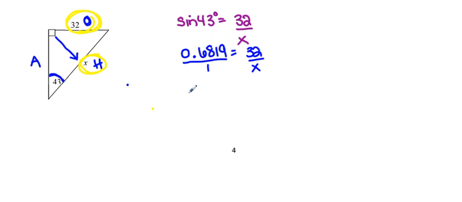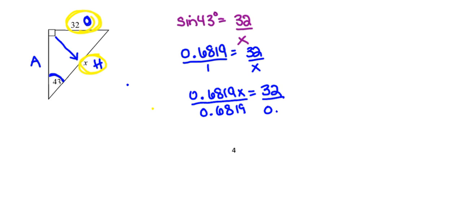So when I cross multiply in one direction, I've got 0.6819 times x is equal to 32 times 1, or just 32. And in this case now, to solve for x, I've got to divide both sides by the 0.6819 number.